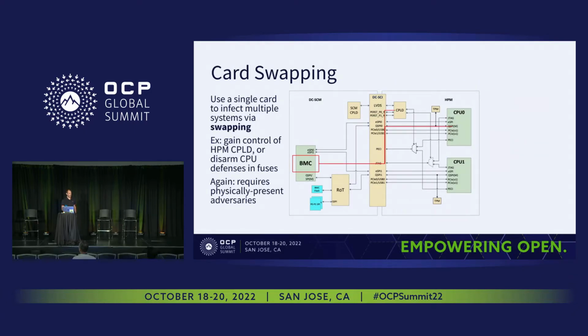Moving on. The other broad family of attacks is card swapping, right? I have a super privileged card that I put in the wrong server, or I have different servers that have different privileges for different workloads, and I take the debug privileges card into the production super secret server, right? So you can infect multiple systems that way via swapping. This is all physically present adversaries.